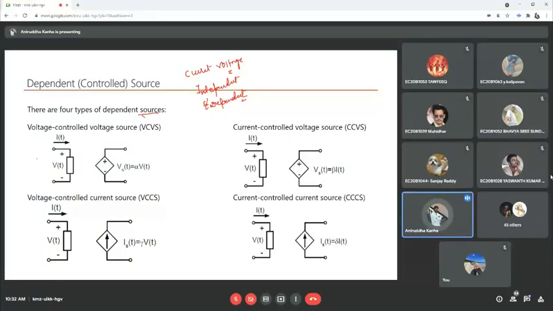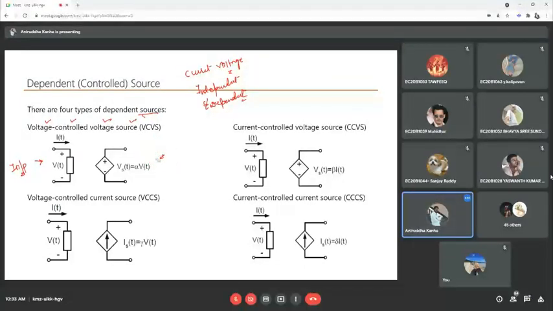So this is the 2-port network. Why 2-port? Because we have one input port, and this is called the output port. What is this? This is called a voltage controlled voltage source. Why are we calling it a voltage controlled voltage source?